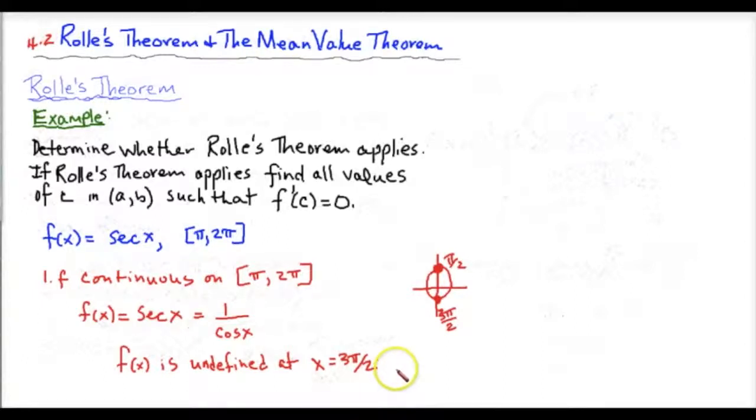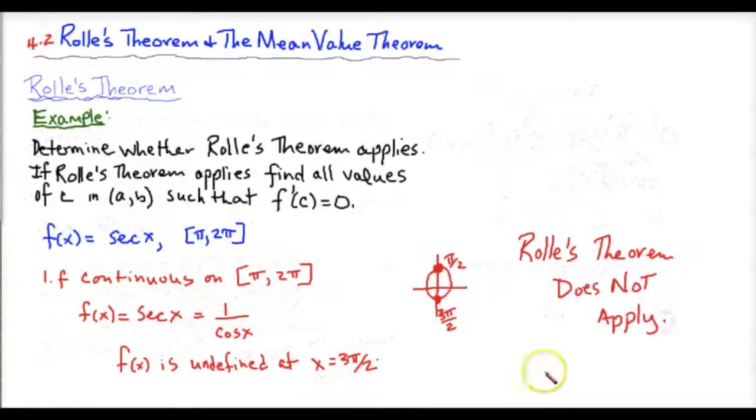And so Rolle's theorem does not apply. So we can stop here. There's no value of C. There's no guaranteed value of C in that interval from pi to 2 pi, so that we can find a value where the derivative evaluated at C is equal to 0.